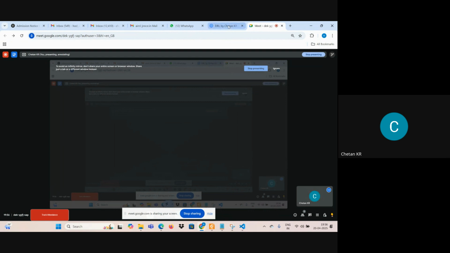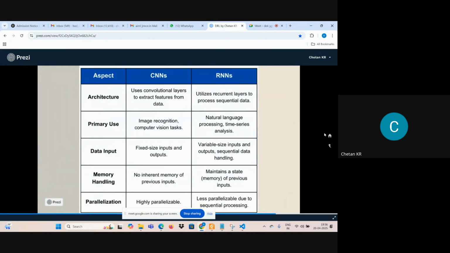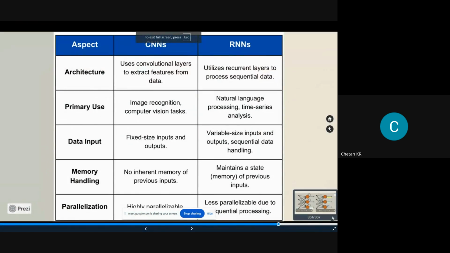And where it is used: CNN primarily for image recognition and computer vision, whereas for any NLP and any time series analysis, you require RNN. The major difference between CNN and RNN is that in CNN the input is fixed size and the output is fixed size. Here you will have variable size input and sequential data, both, which is not found in CNN.